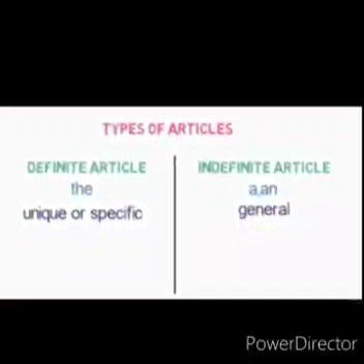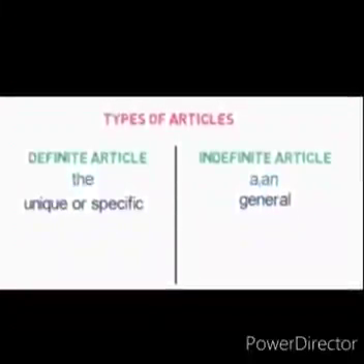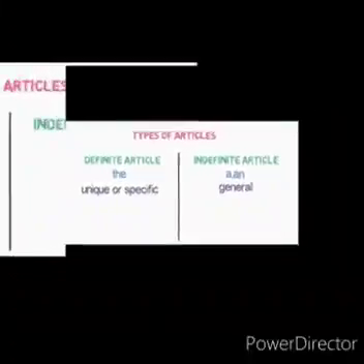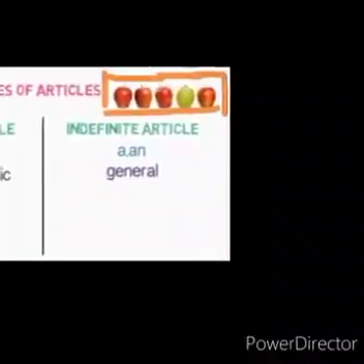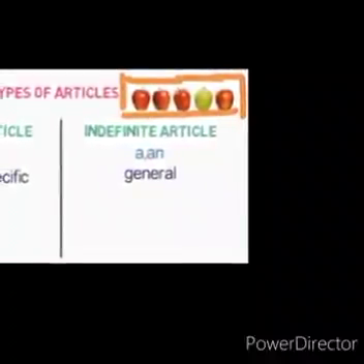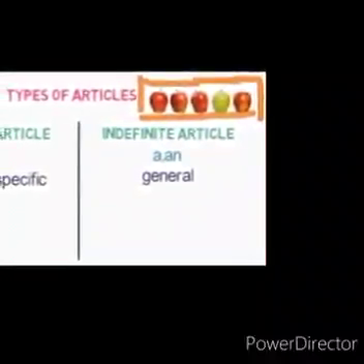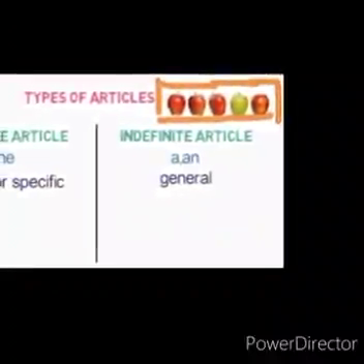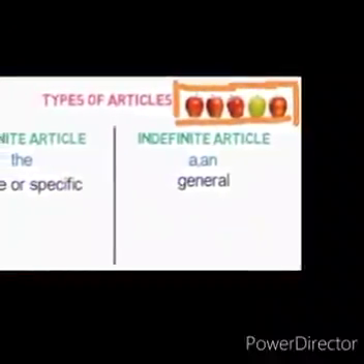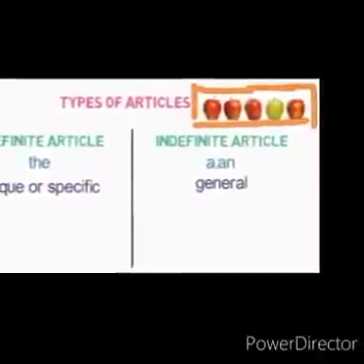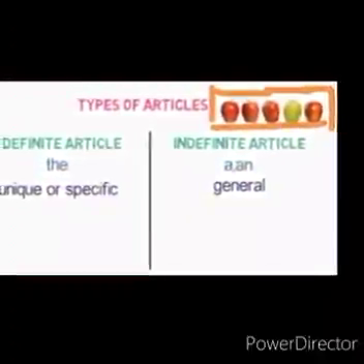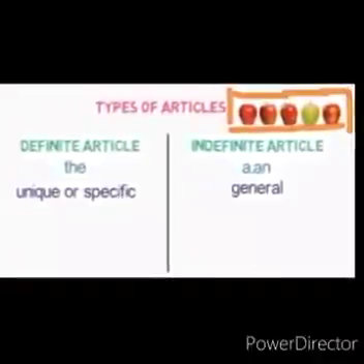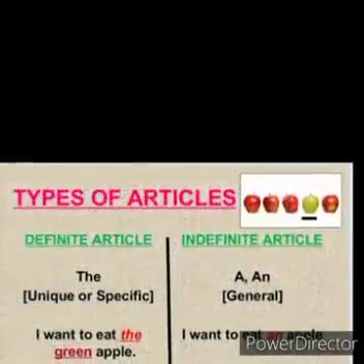Now let's understand this with an example. Suppose there are apples in front of you and you're given a choice to eat one of them, and you want to eat any one from it, then what will you say? You will say, I want to eat an apple.